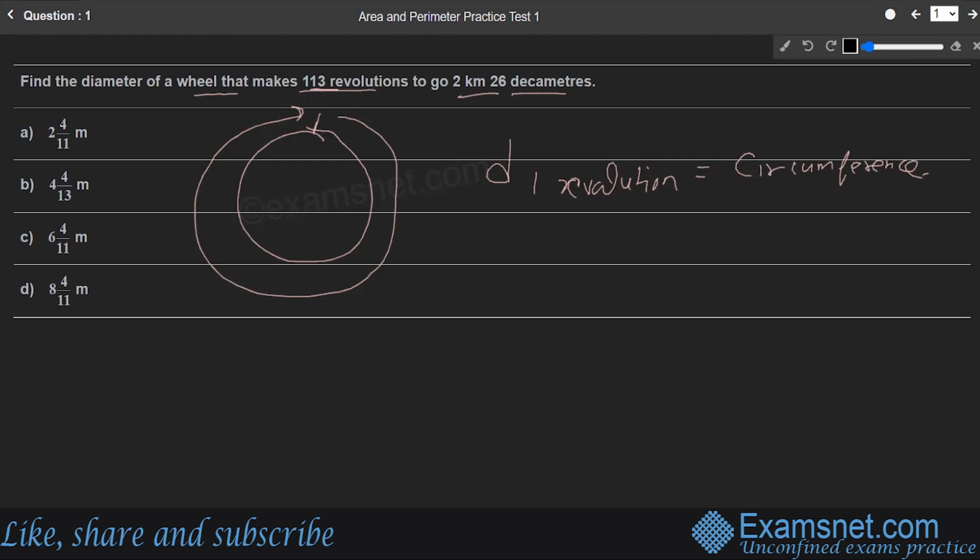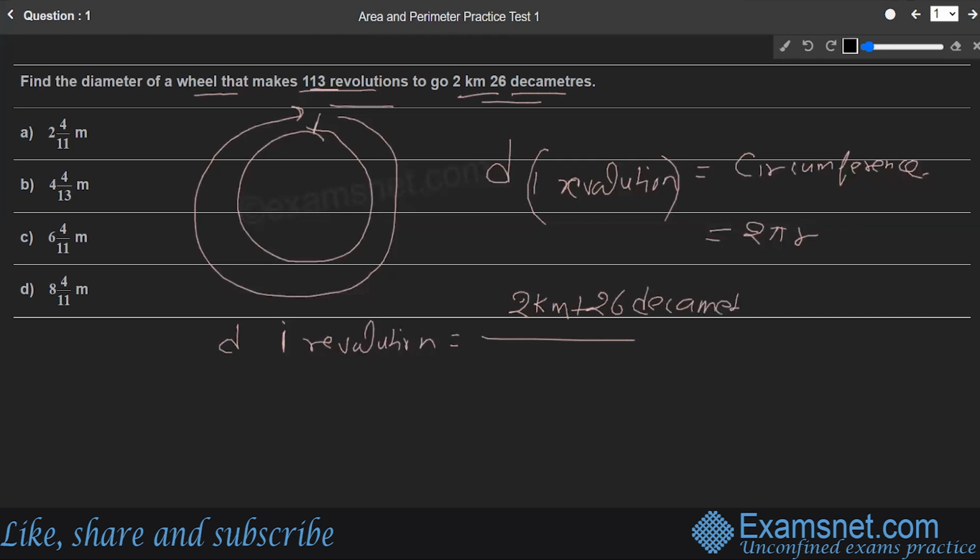So the distance traveled in one revolution by a circle is equal to its circumference, which is nothing but 2 pi r. Now here he has taken 113 revolutions to cover 2 kilometer 26 decameters. So the distance covered in one revolution will be obviously the total distance, that is 2 kilometer plus 26 decameter, divided by 113.